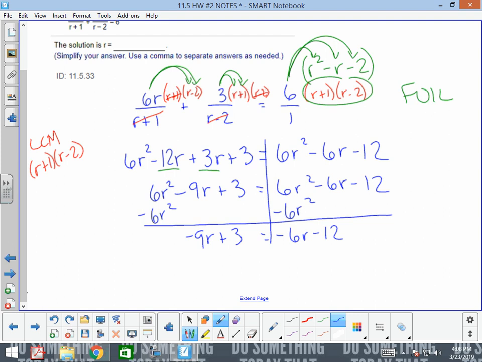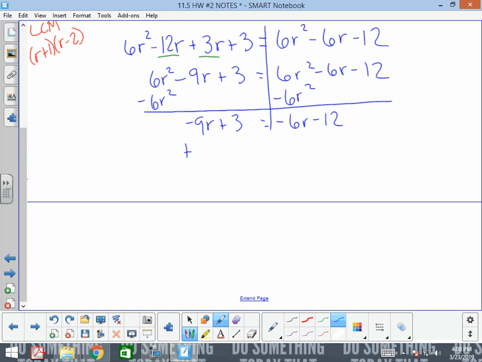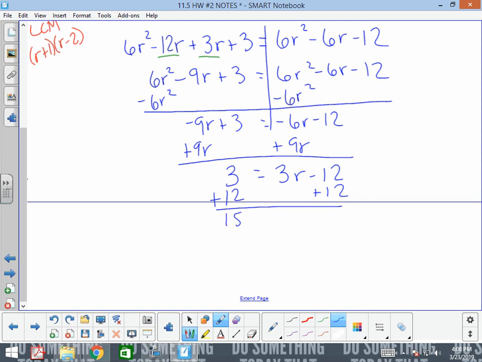So my smallest r term is a negative 9r. So I'm going to add 9r to both sides. And I get 3 equals 3r minus 12. And then add 12 to both sides. So 15 equals 3r, divide by 3, 5 equals r.